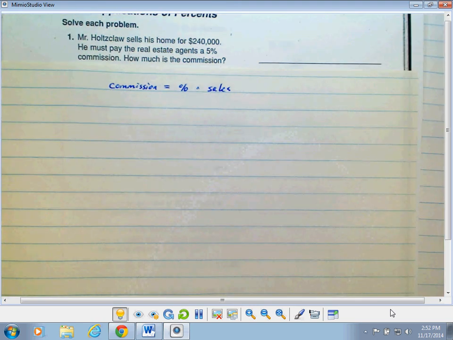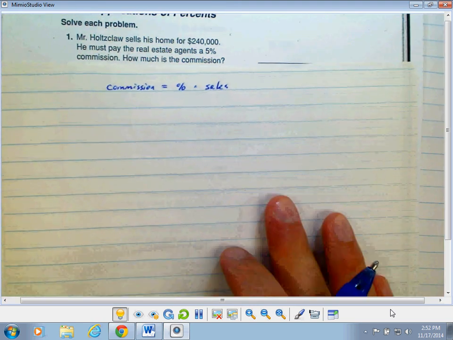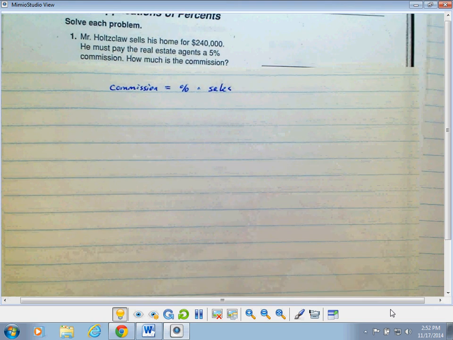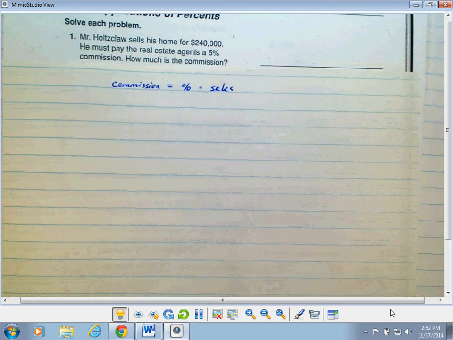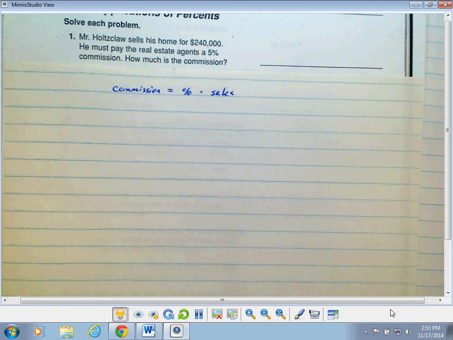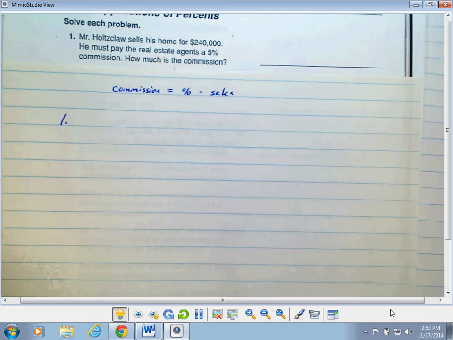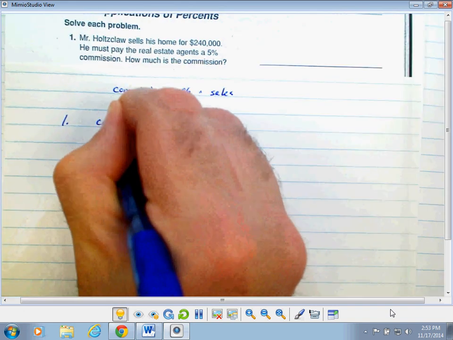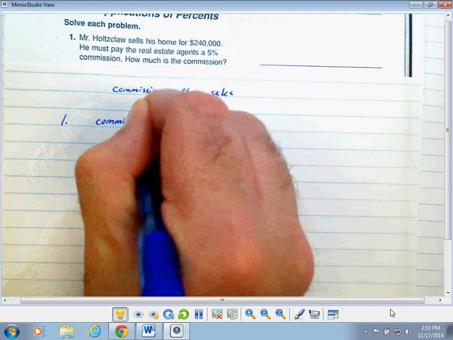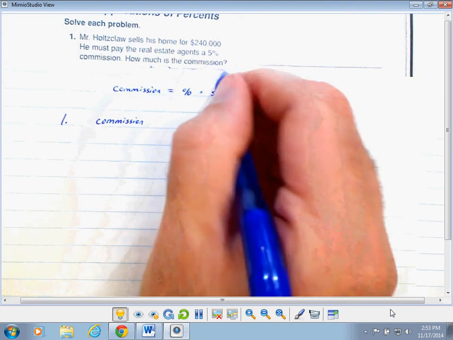So for number one, it says that he sells his home for $240,000 and he must pay the real estate agents a 5% commission. How much is the commission? So for number one, I don't know the commission because that's what they're asking me for. It's the last thing in the problem right there. How much is the commission?